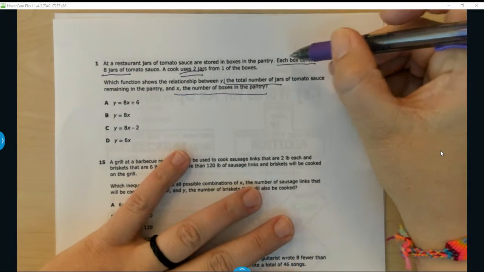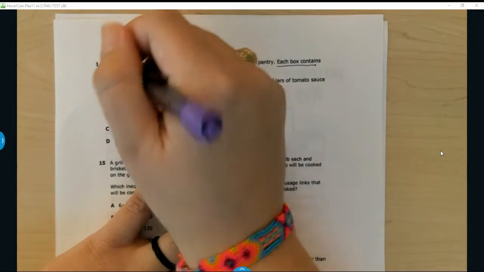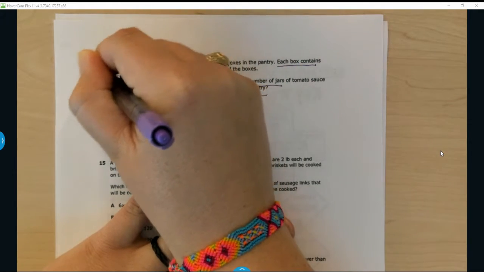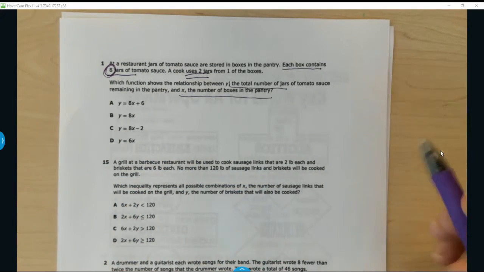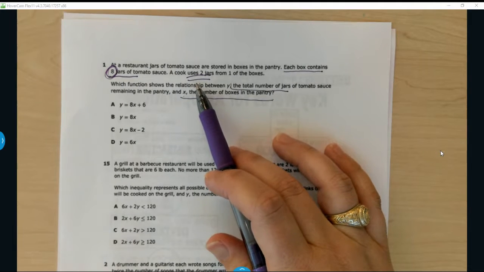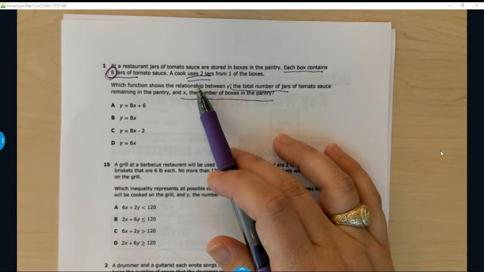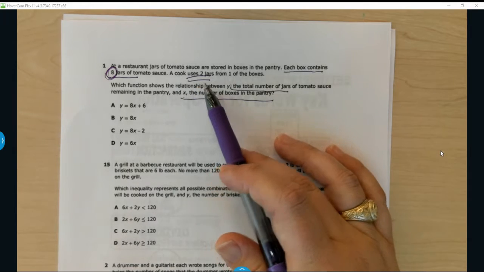So since it says each box contains, and we don't know how many boxes there are, we're thinking about the fact that 8 will be the coefficient for x. So just think about that when you're going through. And then the other word that should stick out to you is uses. That just means that it's subtracting those 2 jars. Okay, those would be the important pieces that you would want to pull out.